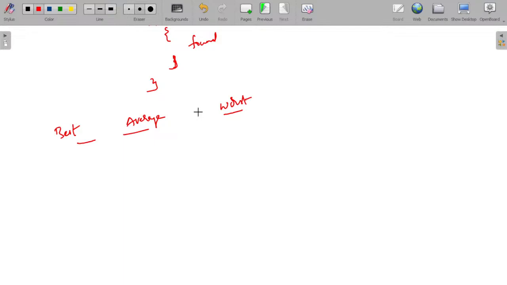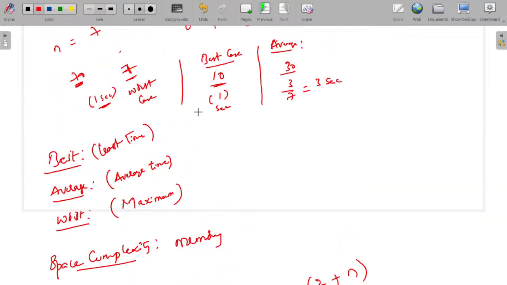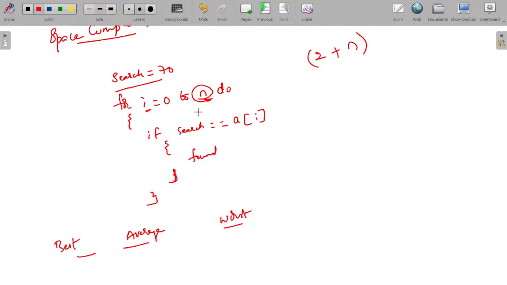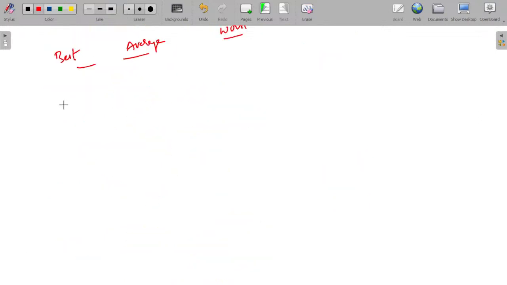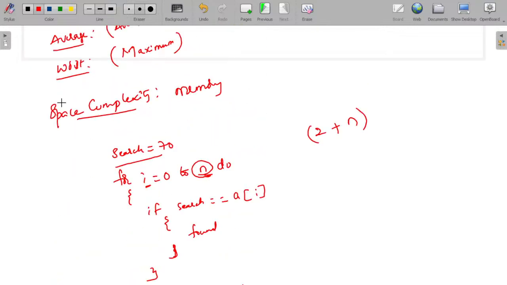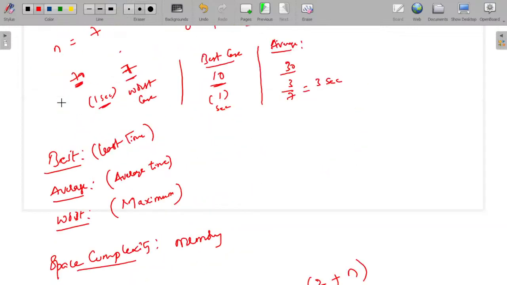So this is what time complexity and space complexity actually mean, and it is always important to remember that we have, okay, I'll explain that later after I explain the asymptotic notations. But before we get into asymptotic notations, I believe you have understood what time complexity is and what space complexity is.